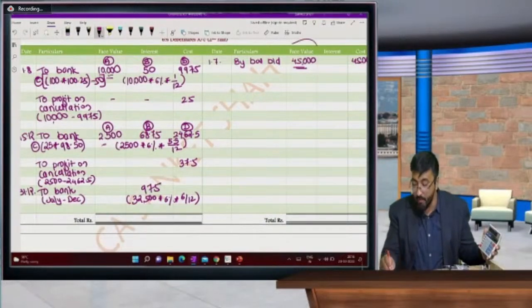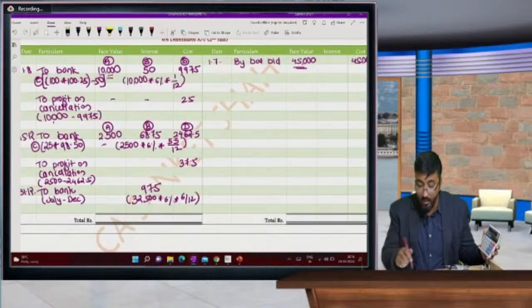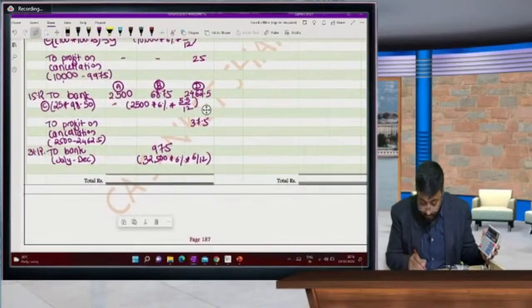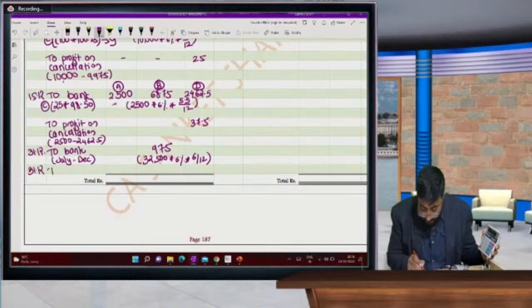Beta, you are left with 45,000 minus 10,000 minus 2,500. So you are left with balance carried down 32,500.